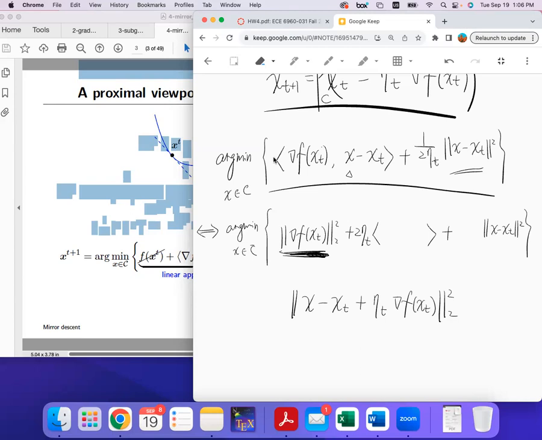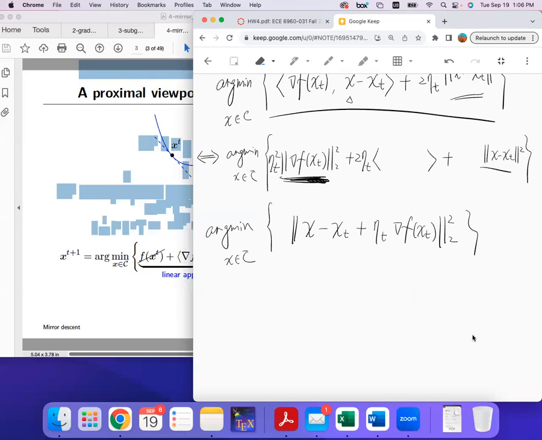This means I need to add eta t squared to the first term. You can check that this is the square term, and eta t gradient is this term, and then the cross term. All right, so this is a complete square. So this is arg min over x belonging to C of that.